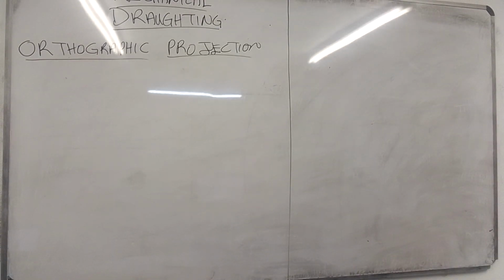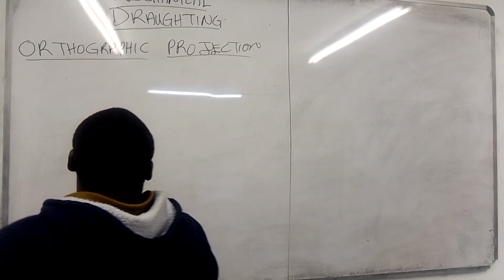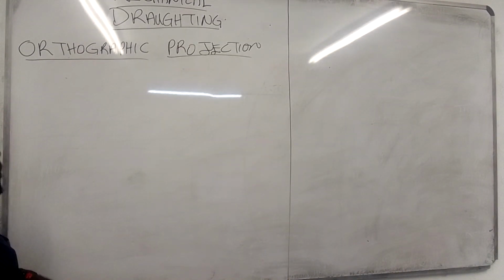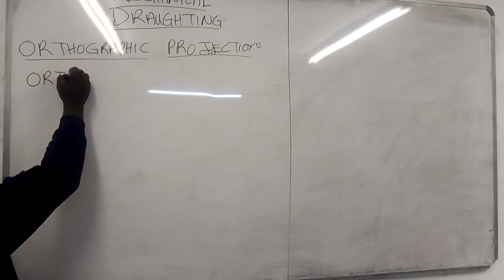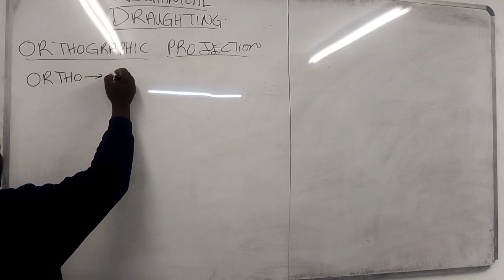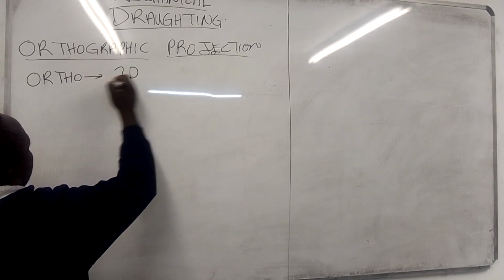We start with the orthographic projection. Now, under orthographic projection, we need to know that ortho is talking about 2D drawings.